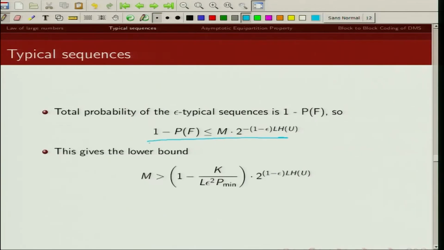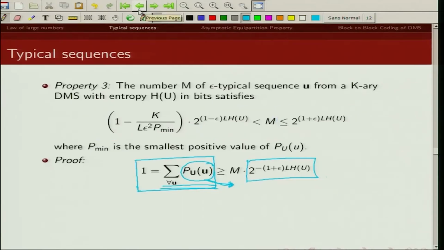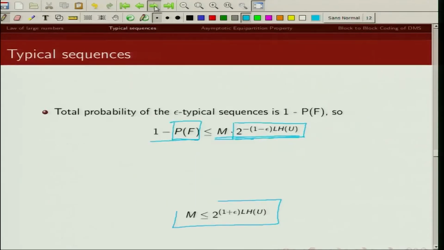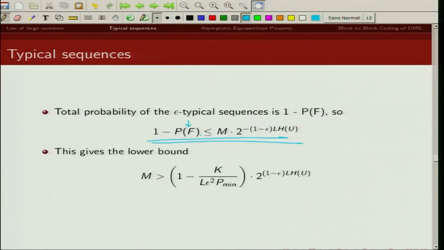So, from this expression, plugging in the value of Pf which we defined in property 2, the probability of f is upper bounded by K divided by L epsilon square P minimum. If we plug this in here, we are putting an upper bound on this, so we are subtracting a larger number.